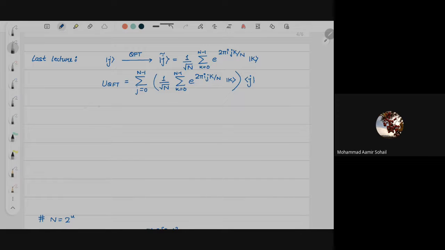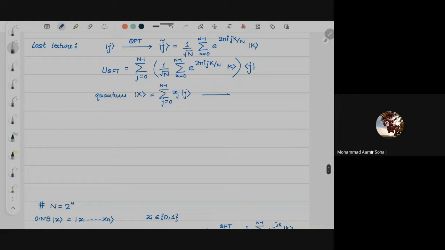So using this unitary transformation, if we want to write the quantum Fourier transform of a general quantum state, let's say we have this quantum state x, which is written as the summation over j equals 0 to n minus 1 of x_j times j.